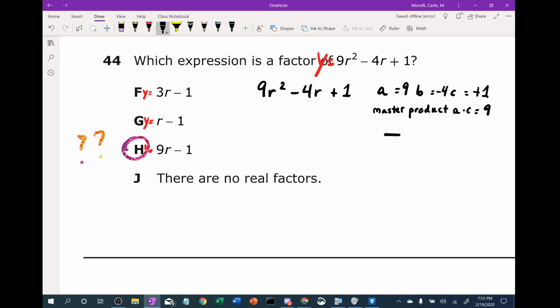So what we're looking for are two numbers that add to equal negative 4, and those same two numbers multiply to equal positive 9. Now we know they'll have the same signs, and both of them will be negative. So can we think of two negative numbers that add to be negative 4 and multiply to be 9?